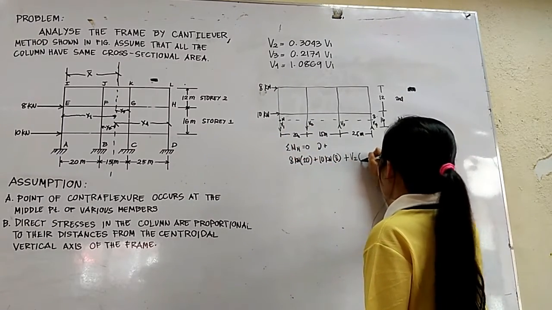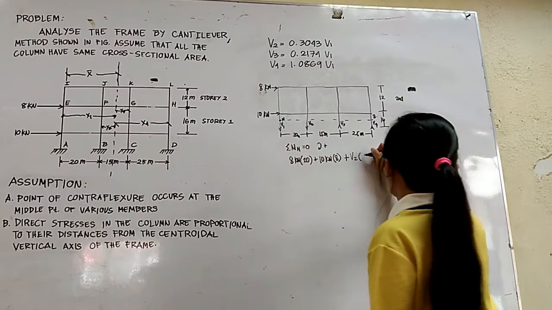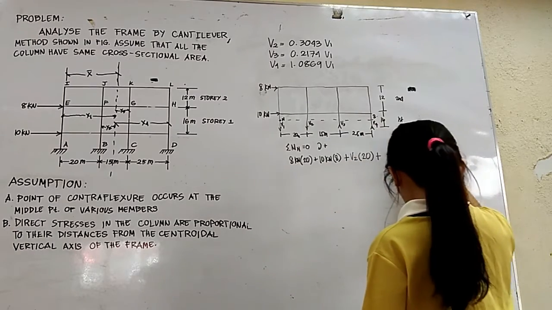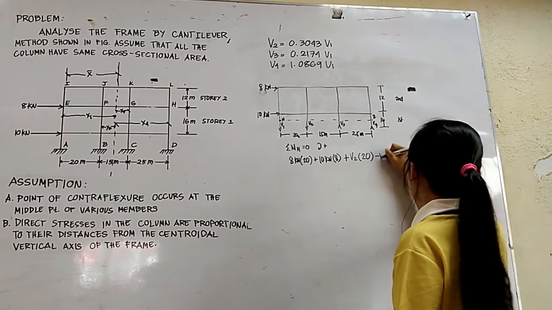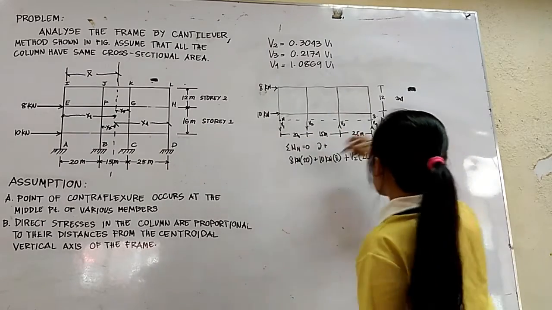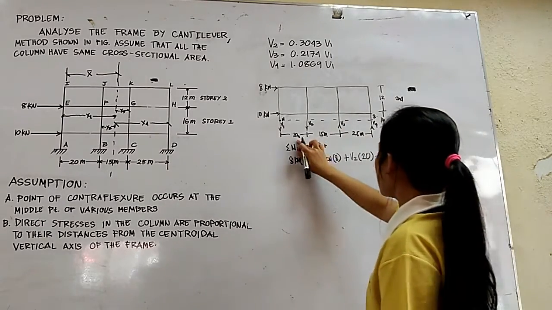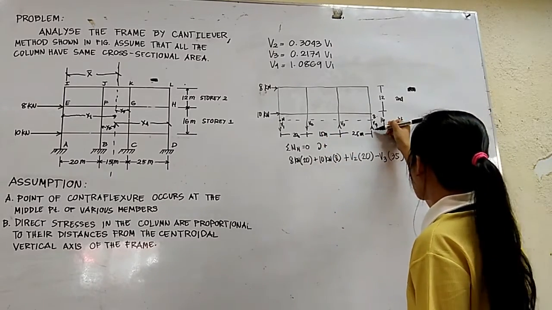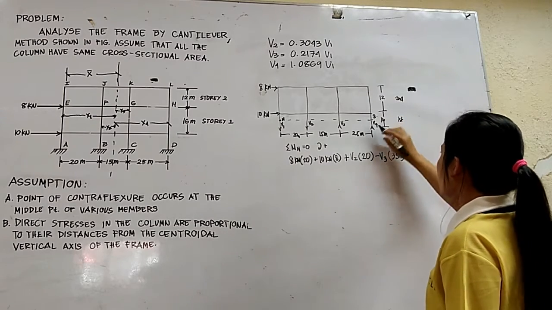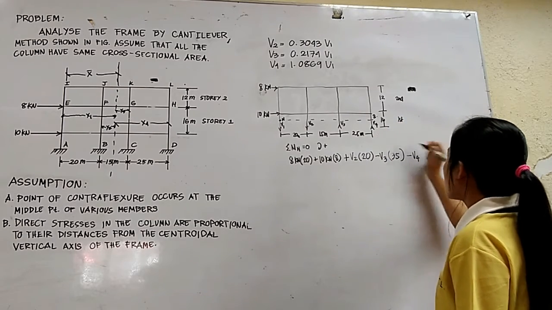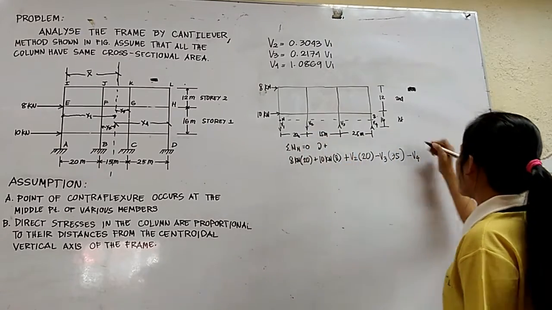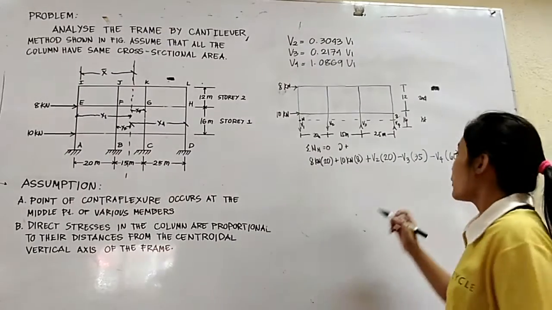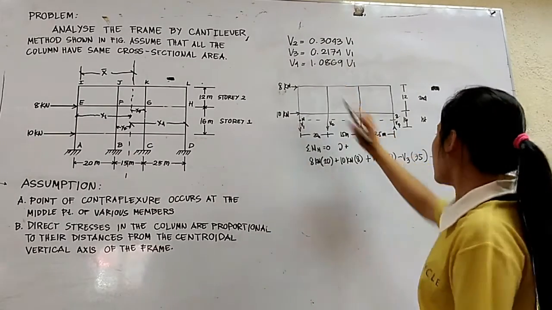So V2 times the distance to N, 20, minus V3, because its direction is counterclockwise, V3 times 20 plus 15, which is 35. Minus V4, also counterclockwise direction, V4 times the distance, which is 60, equals 0.